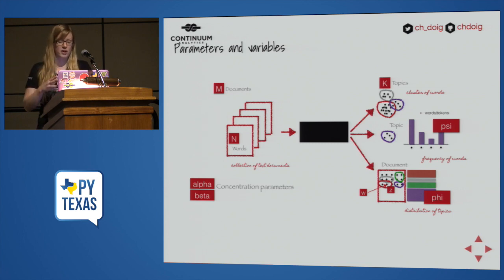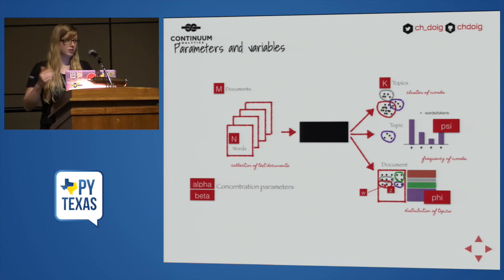In each of these topics, we're going to have a psi distribution of the words in that topic. So word A in topic 1 is going to have 0.7% frequency. Then we have this other phi, which is another probability distribution of topics per document.